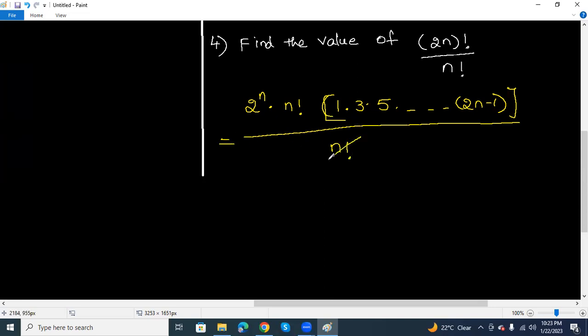So n factorial gets cancelled. Here we get the answer as 2 to the power of n into 1 into 3 into 5, odd numbers so on, 2n minus 1. Simple. Let's see one more question, question number 5.